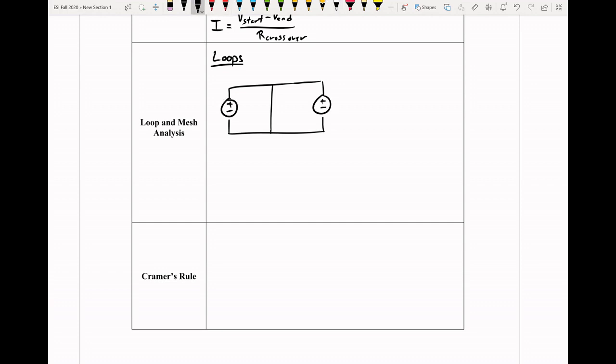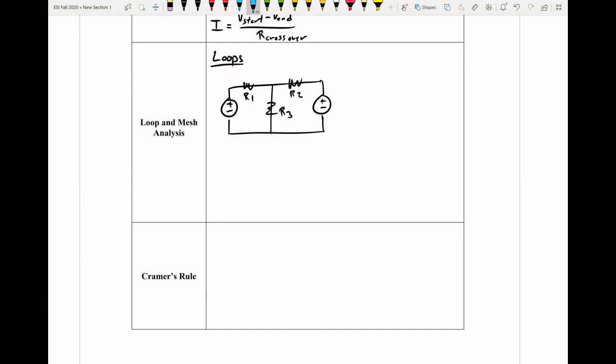Plus minus R3, R2, then R1. All right, and this is a similar type problem to finding currents or voltage points at nodes.